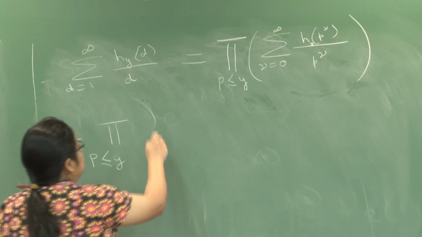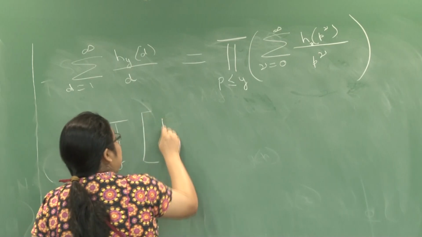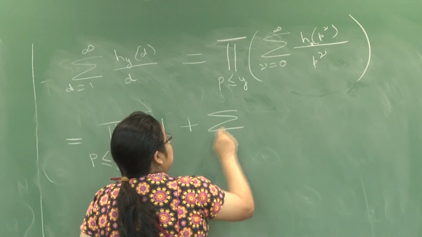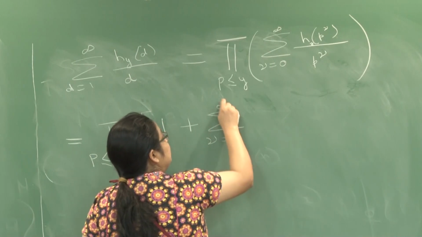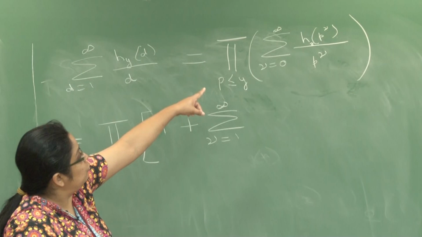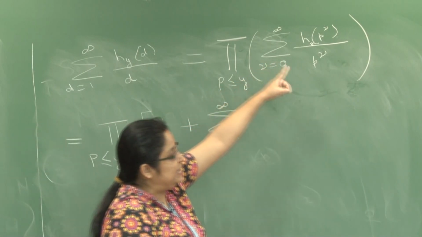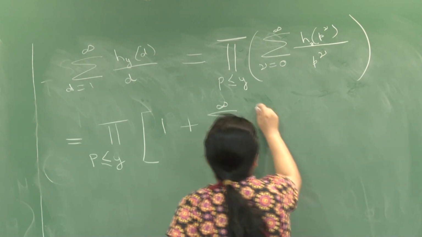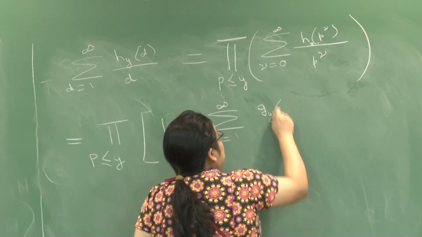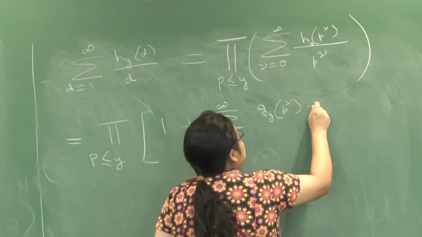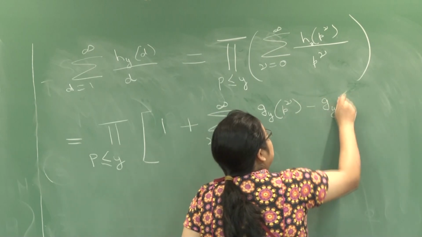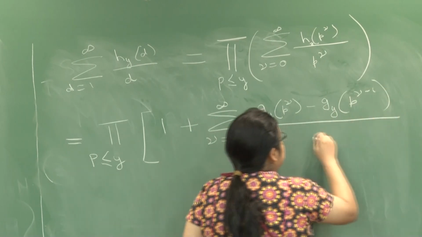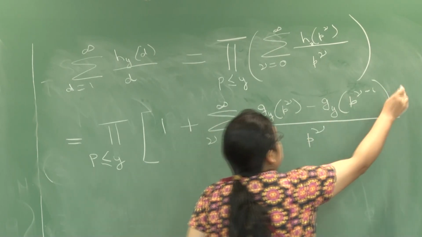For nu equal to 0, you just have 1, plus nu going from 1 to infinity, but you already told me that your h sub y of p raised to the nu can be written as this: g sub y of p raised to the nu minus g sub y of p raised to the nu minus 1, over p raised to the nu.